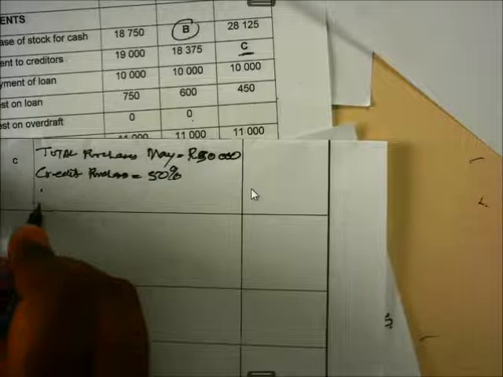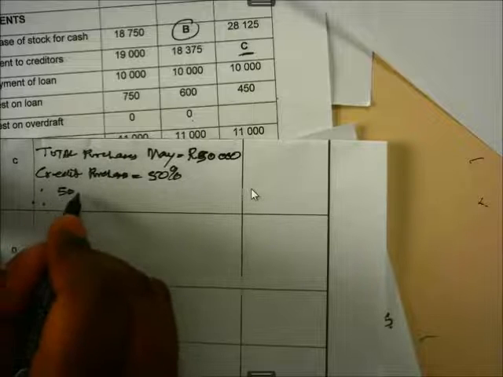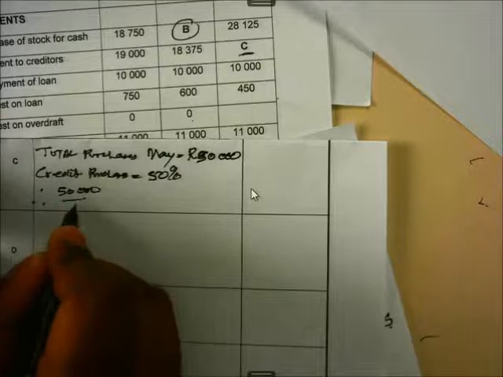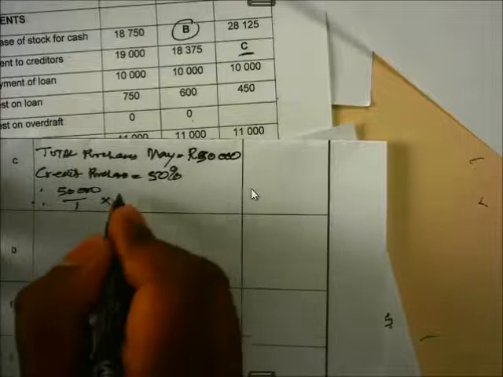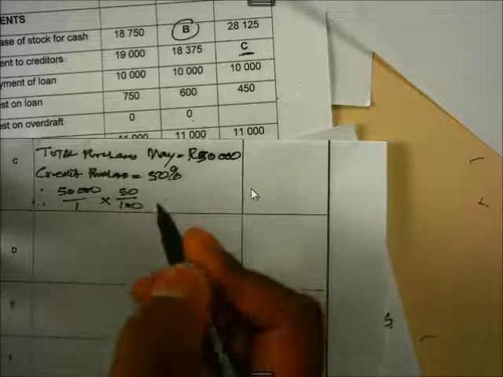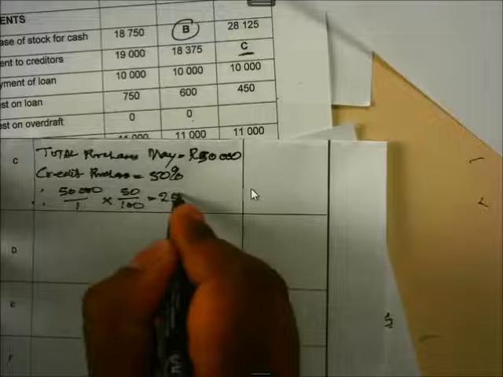Therefore, we are going to say 50,000 rand over 1 multiplied by 50 over 100. That will give us 25,000.